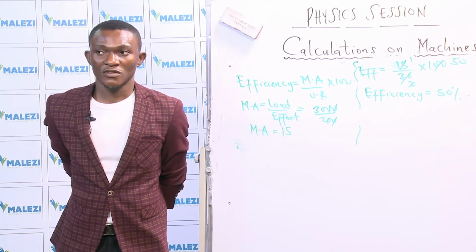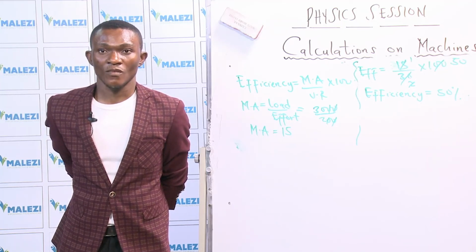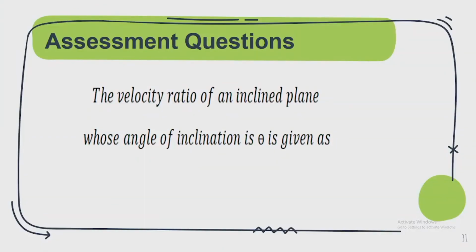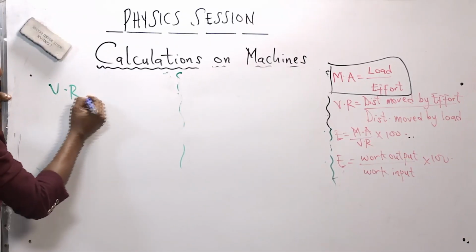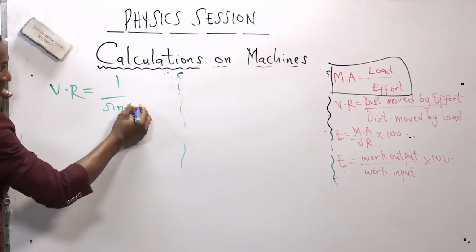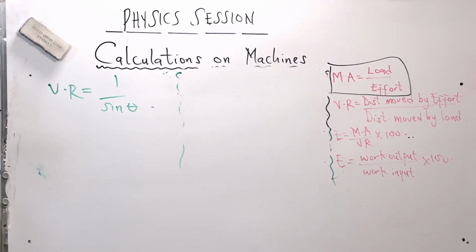Okay, so I need your response. Thank you for those responses. So the velocity ratio of an inclined plane is simply put as 1 over sine theta. All the answers we got are all correct.